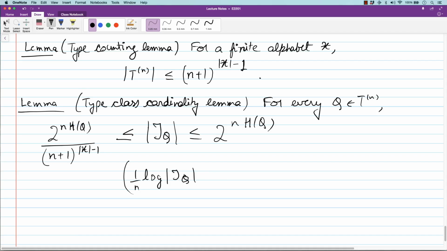The number of bits required to represent these types per symbol is approximately H(Q). And this bound is rather tight because it will be off by just some log n times cardinality of x minus 1. In this theory, the kind of asymptotics we are looking at, n is very large and the alphabet x is small, fixed. So you have a lot of words from a given alphabet.